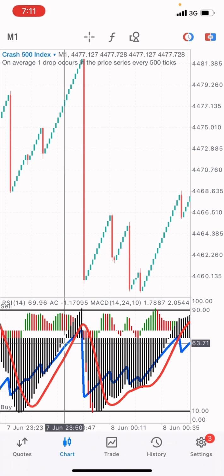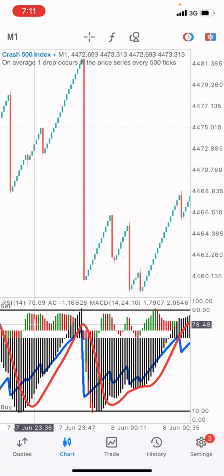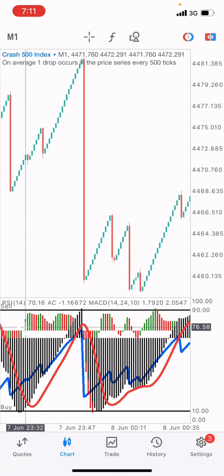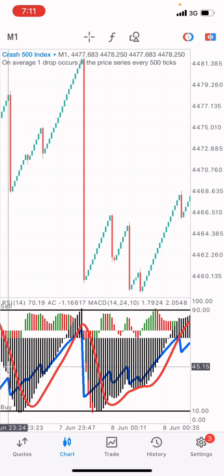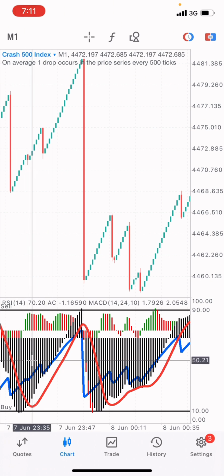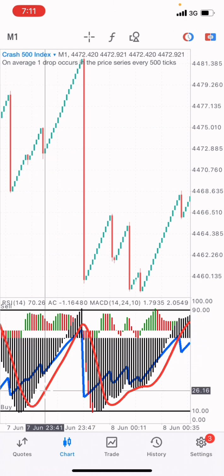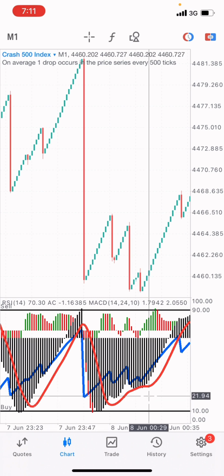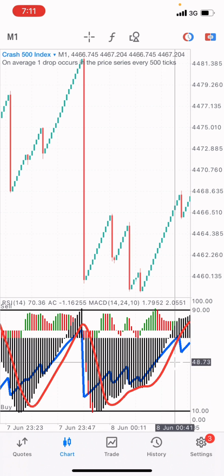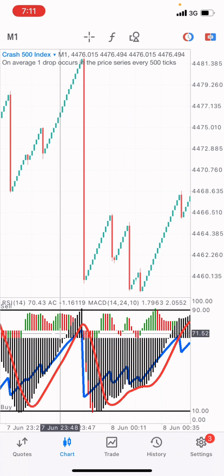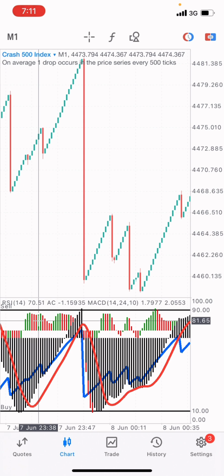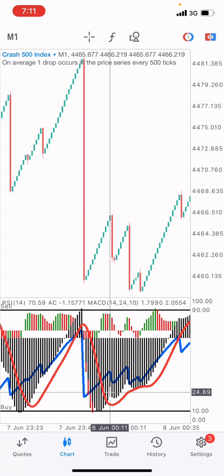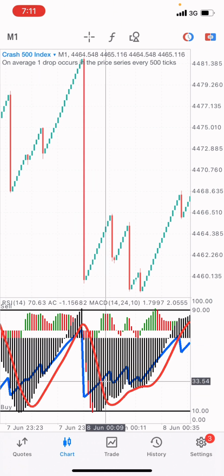All right, now this is green, this is red, this is green right here, this is red. Now this black line is the MACD, this upwards and downward black line is the RSI at level 90, level 10 here. All right, when the MACD is on a downtrend, there's a higher chance of spikes coming in.